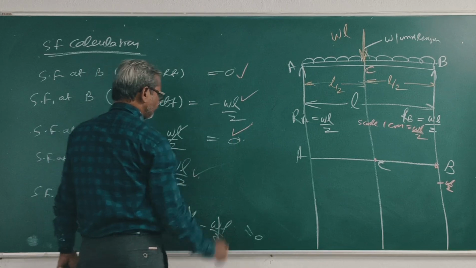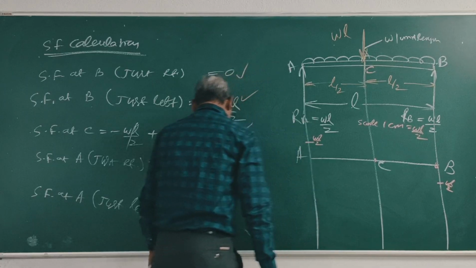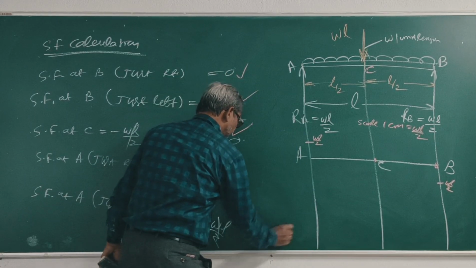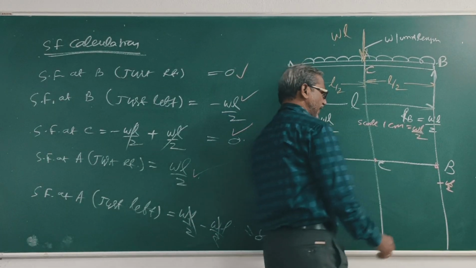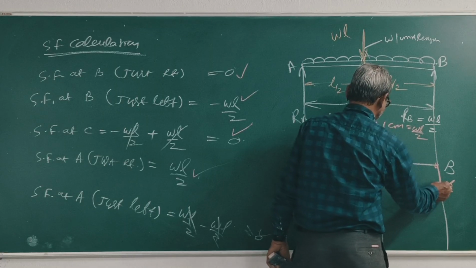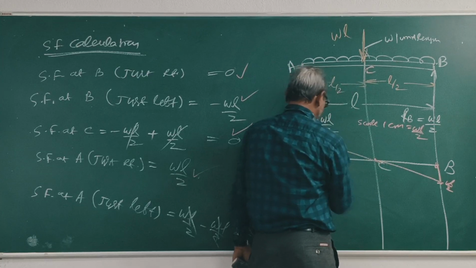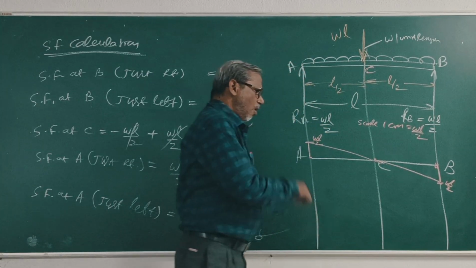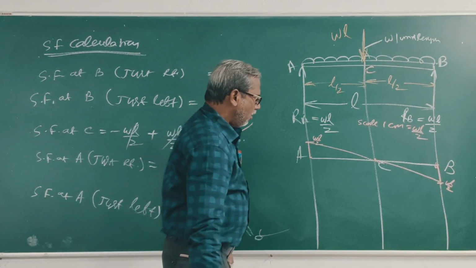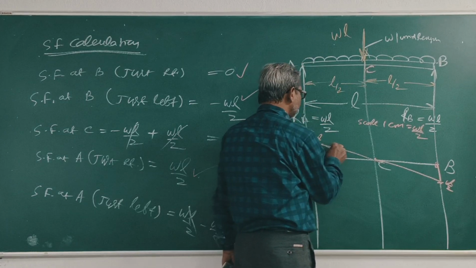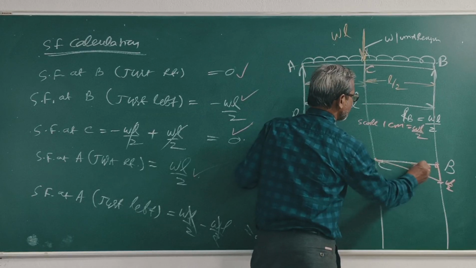A just right, wL by 2. A just left, 0. Start from B right, 0, B left minus wL by 2, C 0, A right wL by 2, then 0. Plus, minus.